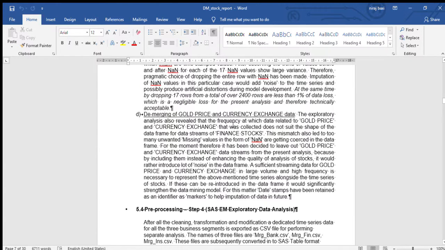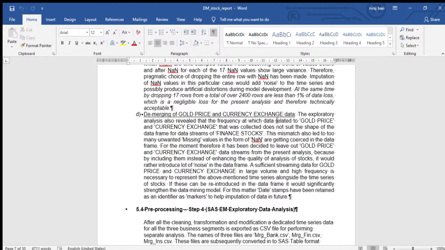Then the same thing happened: 2,000 NaNs were being coerced because the gold price and the currency exchange price did not have the same frequency as the stock. More data is always good for data mining, but if it does not get represented properly, it is going to create distortion and noise in the data.